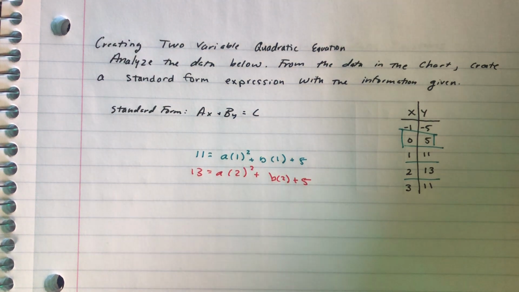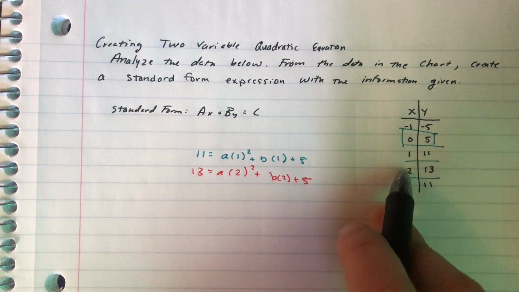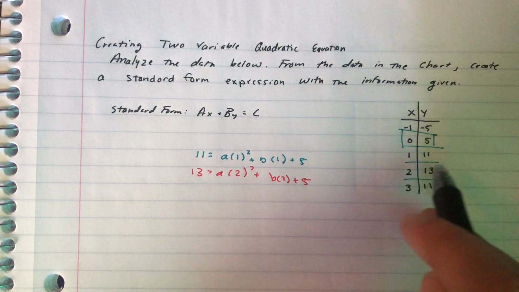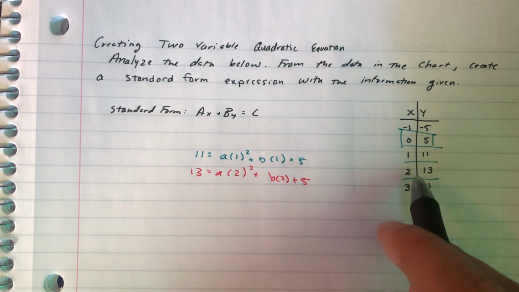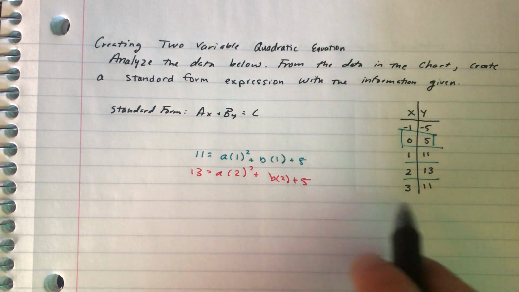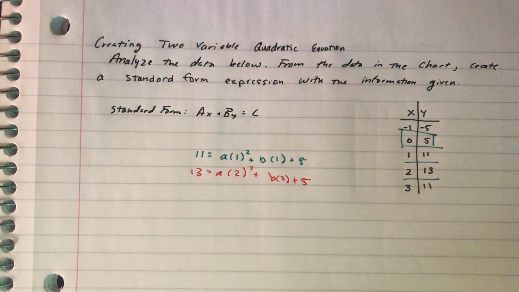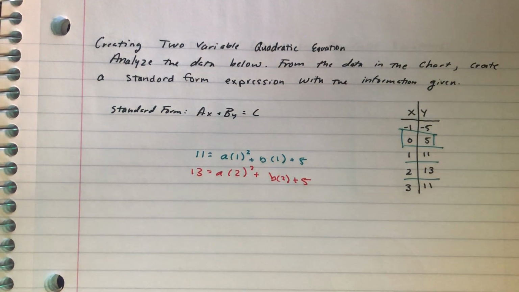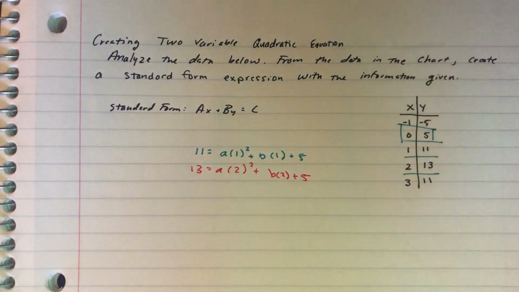So you'll then substitute those values, and I underlined here the 1 and the 11, the 2 and the 13, and as I mentioned prior, the c for the 5. So these will be substituted into the standard form equation to create the system. And I'll continue working through this problem.